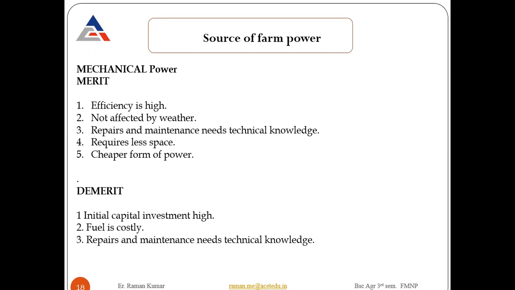Not everybody can repair a tractor. You have to call a technical person, or bring your tractor to the workshop for repair and maintenance. So it will need money and technical knowledge.